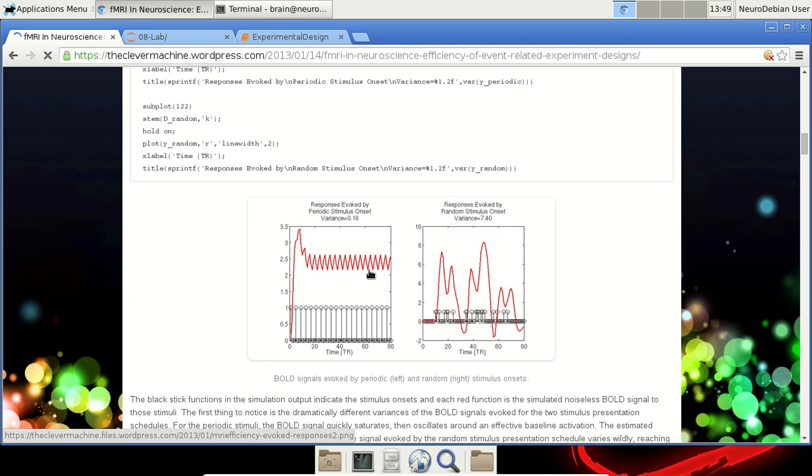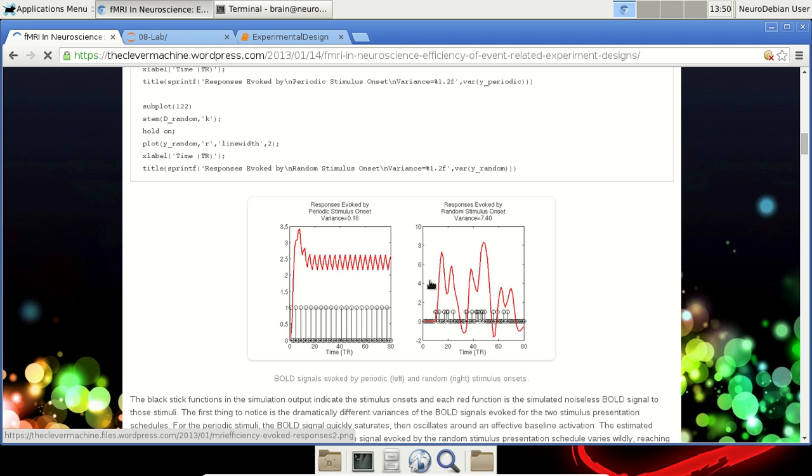If we just added noise to the signal that we've achieved here, it wouldn't take very much noise to drown out the variance that we see in the HRF signal here. But we can see when it's random, the amount of noise that we'd need in order to essentially swamp out the variance in the signal that we've modeled here, it would take a lot of noise to do so.